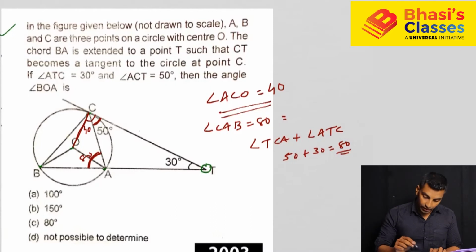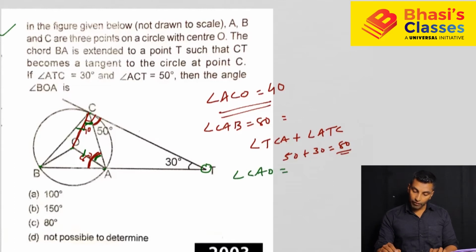Now if you observe here, these two, CO and AO, are equal because both are radius, right? So if this is 40, this will also be 40. Angle CAO will be 40. Angle COA will be 40. The reason is angle ACO is 40, and both OC and OA are radius, so angle CAO is 40, so I can mark this as 40.